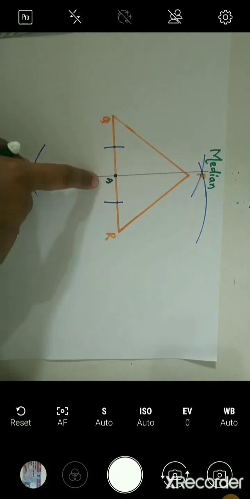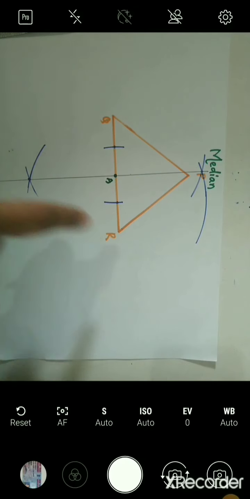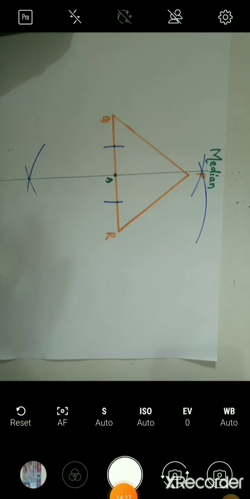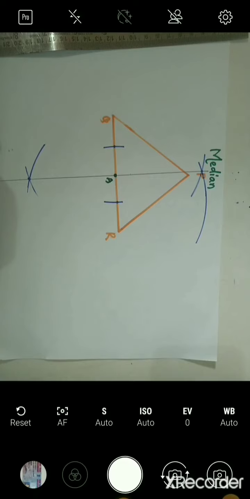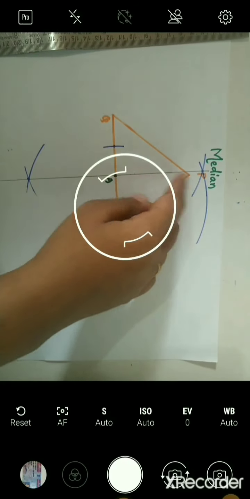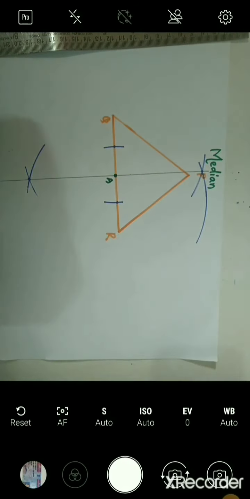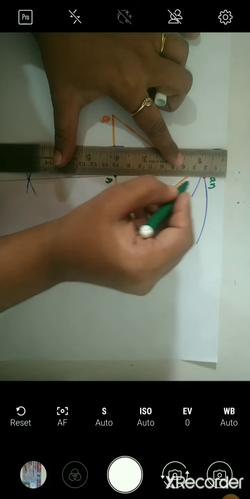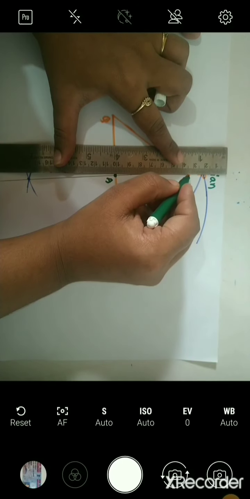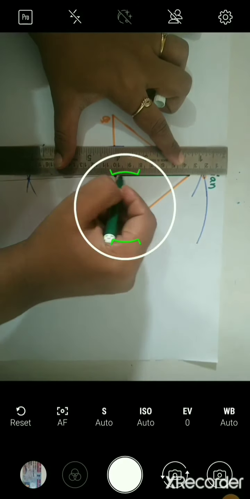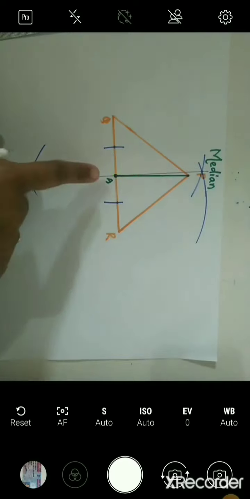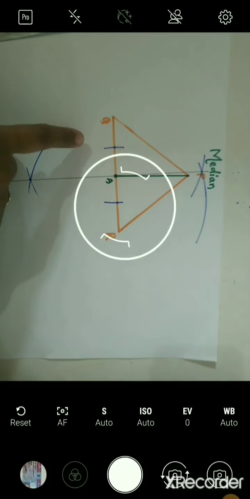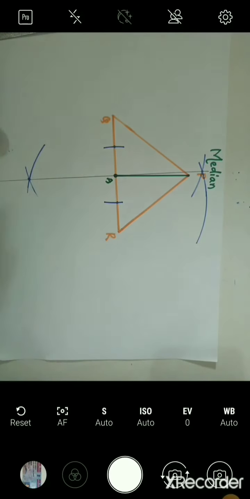If A is the midpoint of QR, then the vertex opposite to QR is P. I will join this midpoint A with the opposite vertex P. So I can say AP is the median of QR. So my first median is ready.